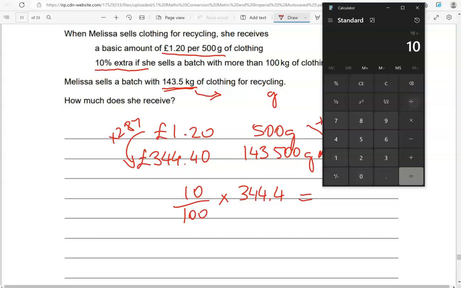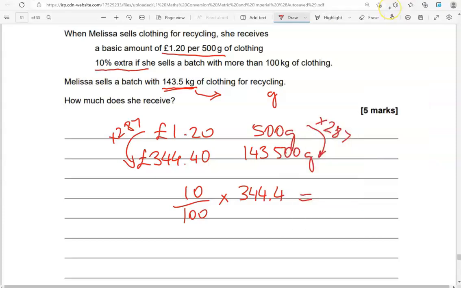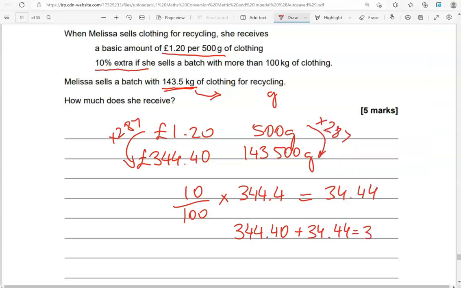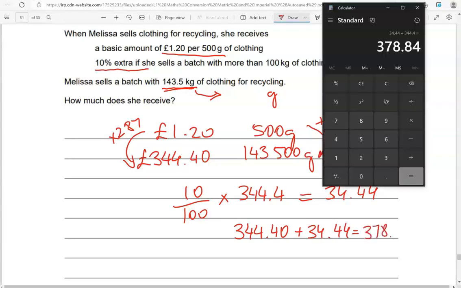So 10 divided by 100 times 344.4 gives us 34.44. So £34.44, which we're going to add on top of £344.40. And that is £378.84.